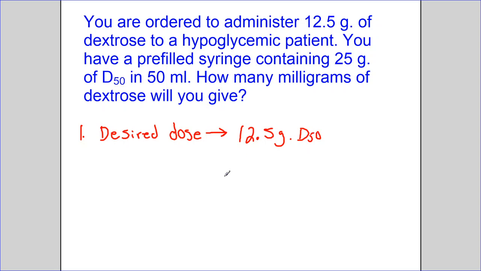There's your desired dose. Concentration on hand: it tells us that we have 25 grams of D50, and it's in 50 mLs.